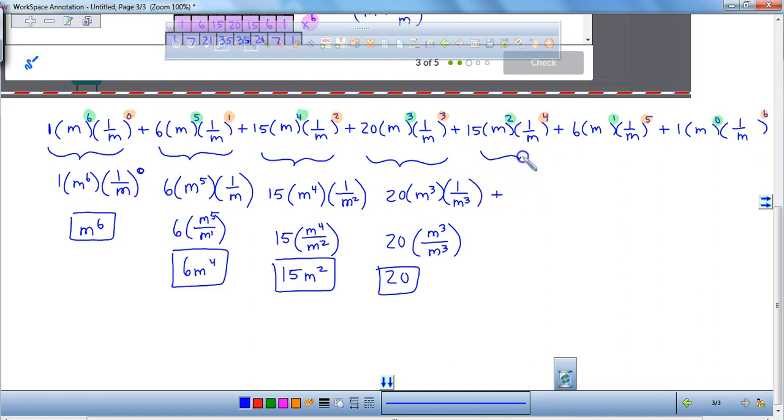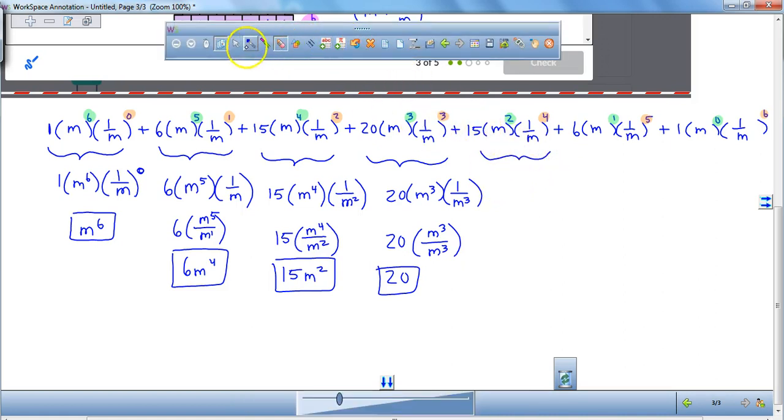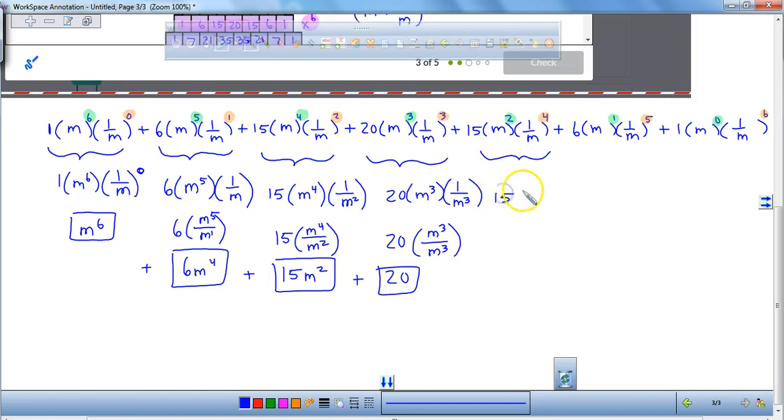Plus, what do we got? So basically, each one of these, all I'm doing is putting a plus in between them, okay? Because everything's positive. So here we have 15 times m squared, because m squared is m squared.